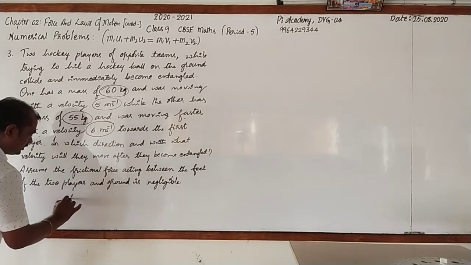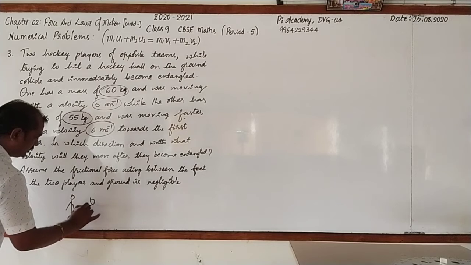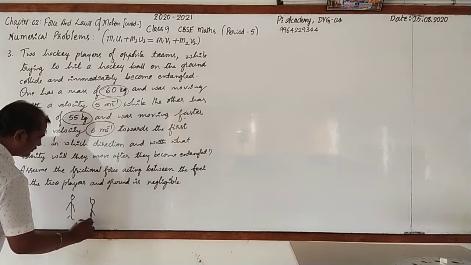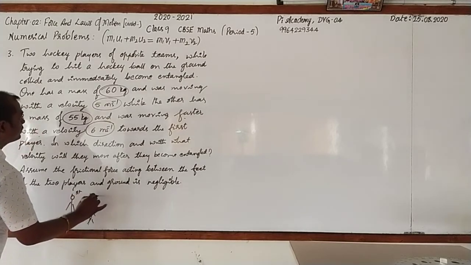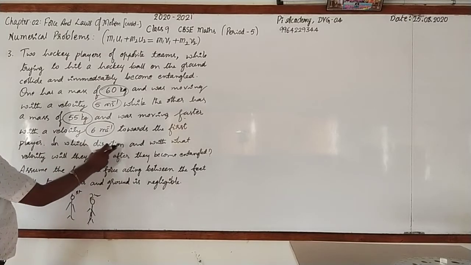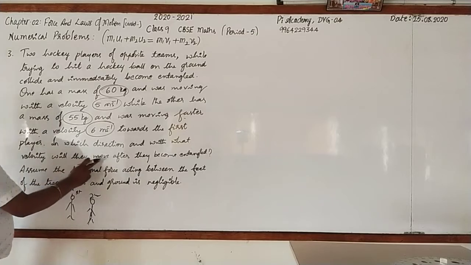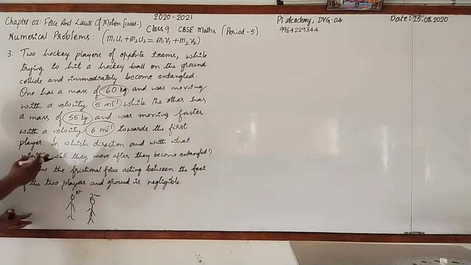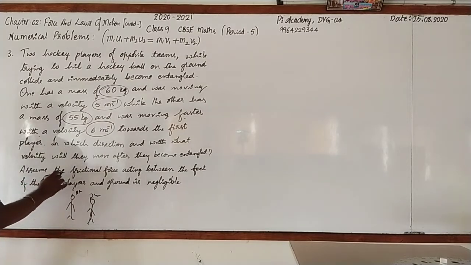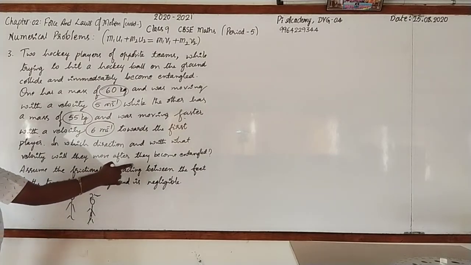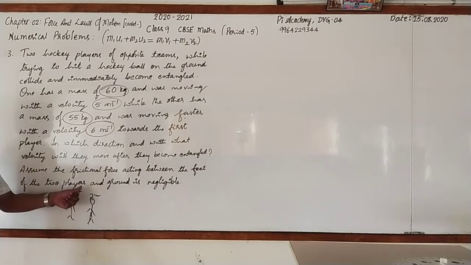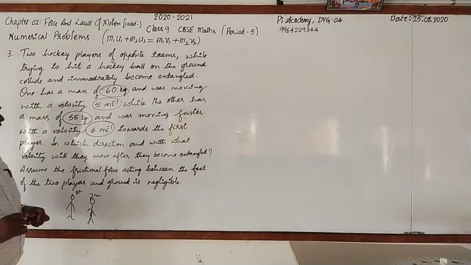Here is the first player and here is the second player. In which direction and with what velocity will they move after they become entangled? Assume that the frictional force acting between the feet of the two players and the ground is negligible.